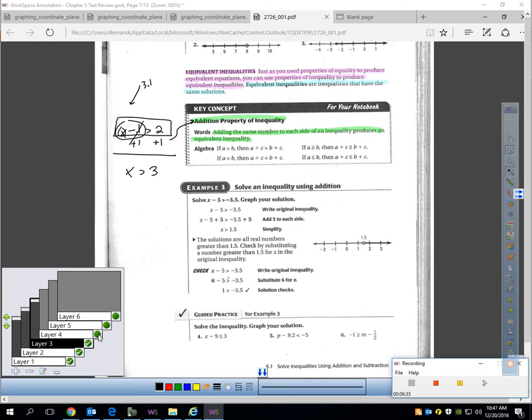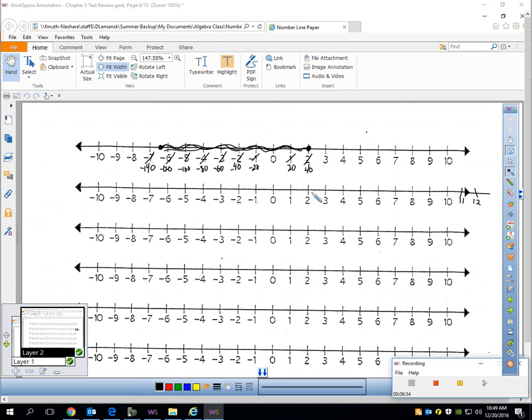Let's try a couple. Solve the inequality, graph your solution. So for this example number 4, I have to get rid of minus 9 from x. So I'm going to add 9 to each side, which gives me x less than or equal to 12. And then I want to graph this. So you can see I just extended my number line to fit 12 on there.